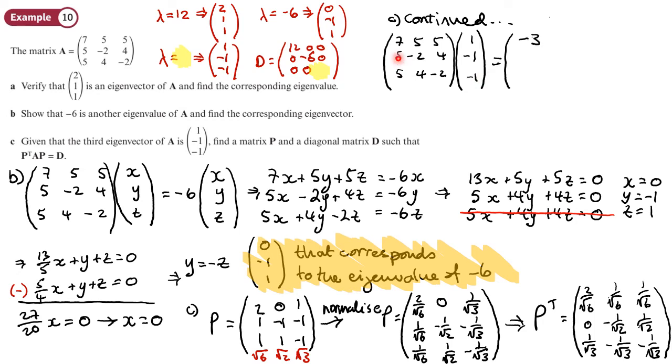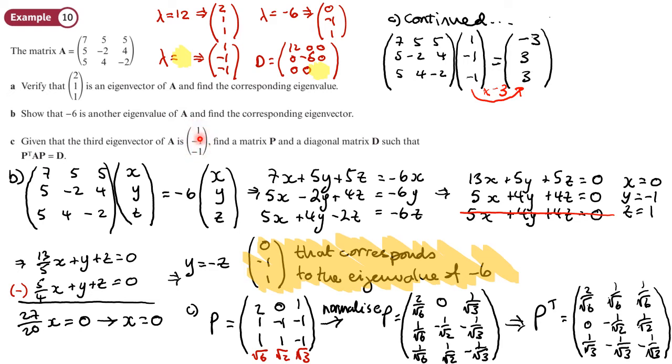The second row, so we've got 5 plus 2, which is 7. 7 minus 4 is going to be 3. And then the bottom row, 5 minus 4, which is 1, and then 1 plus 2 is going to be 3. So I can see that the scaling here is times by negative 3. So that is the eigenvalue that goes with this vector.